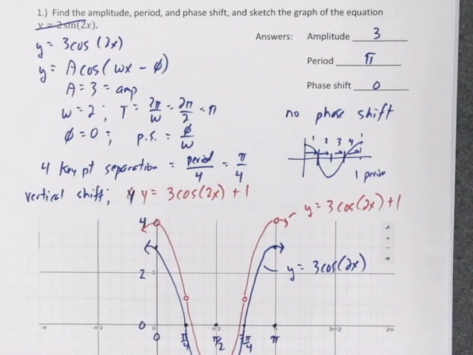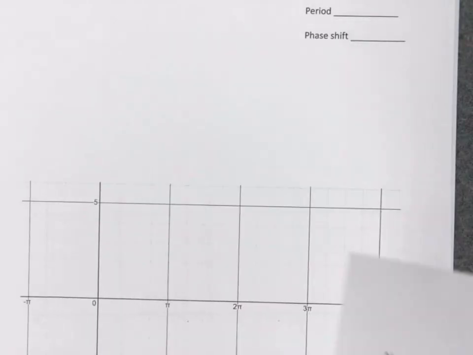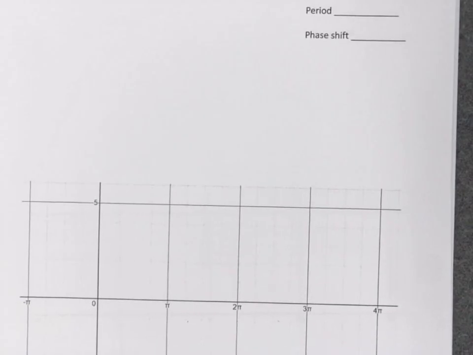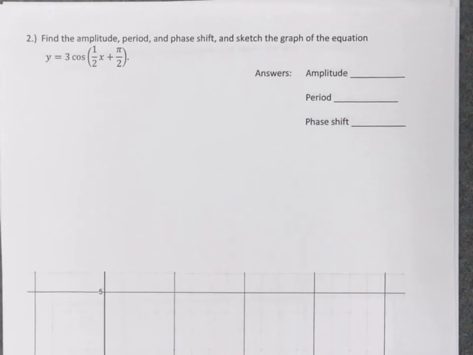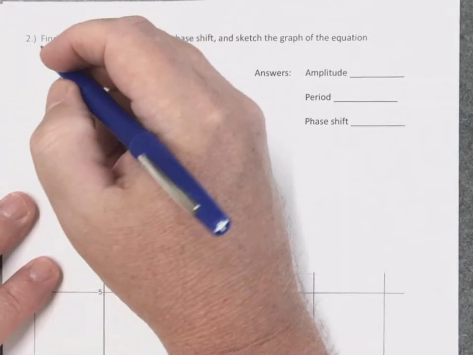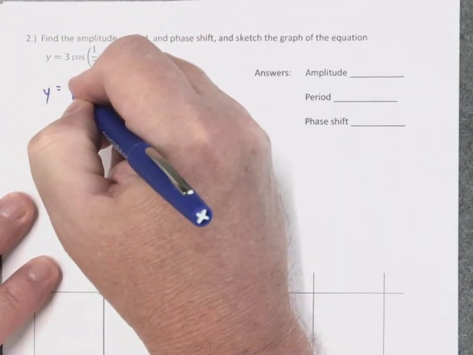So let me do a graph now where there is a phase shift, and let me just show you how I do it. In math, there's always different ways to do things, but let me just show you the way I do it. So here is the problem that you're going to do, and I'm going to change this. It's going to be pretty similar.